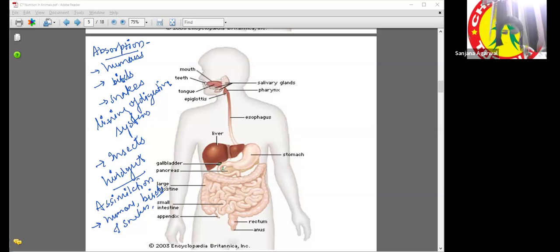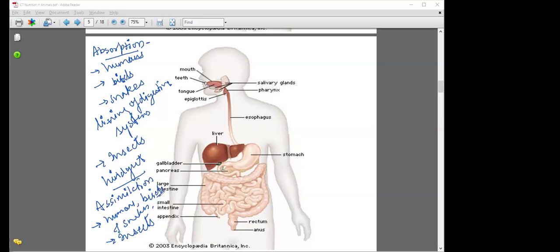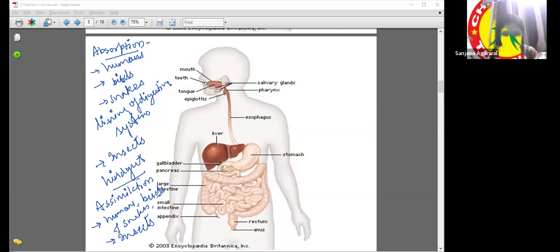Okay. Second point of assimilation, in insects. In insects, assimilation takes place in the fat body. Ma'am, can you repeat once again? In insects, assimilation takes place in the fat body.